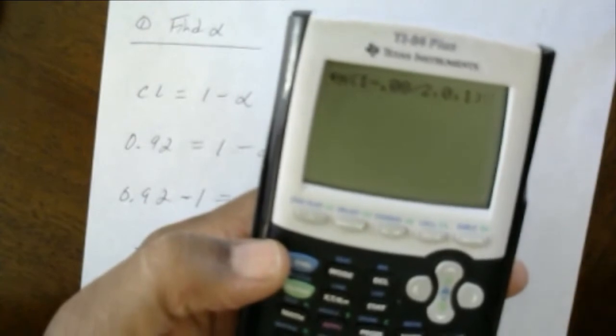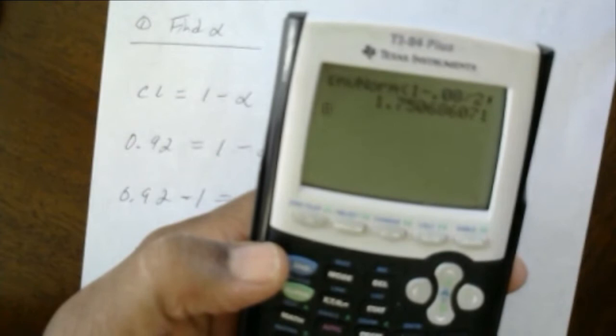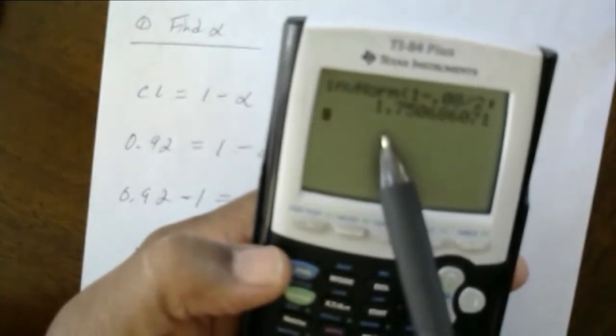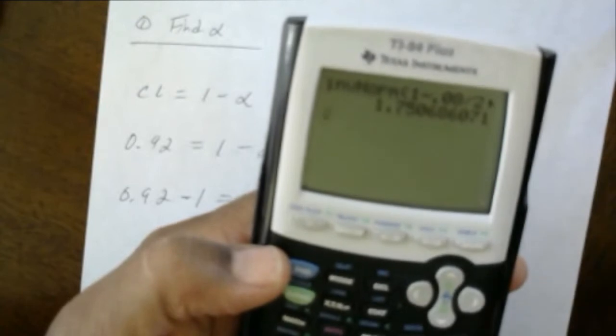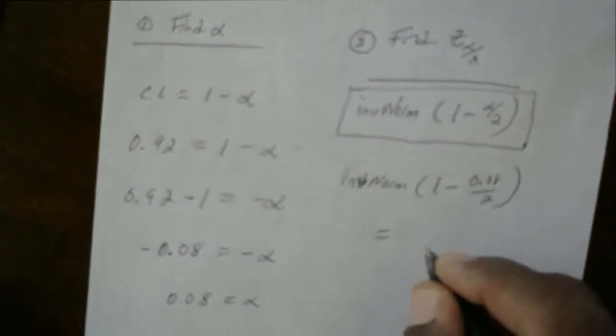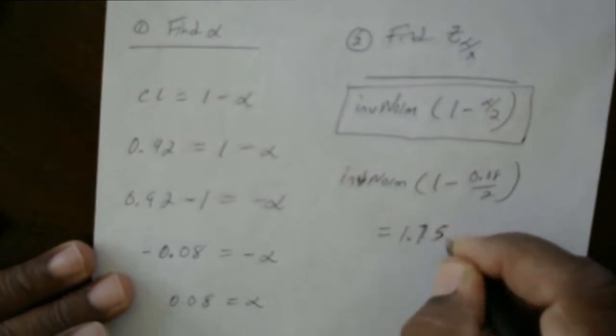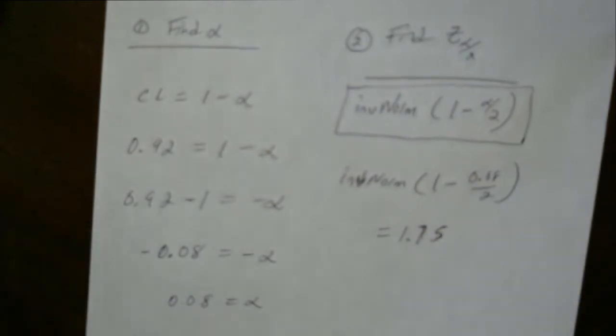I'm going to hit enter. I'm going to hit enter again. And we always round our z values to the hundredths place. So I have 1.75. Right. So my critical value, I'm going to return to our homework.